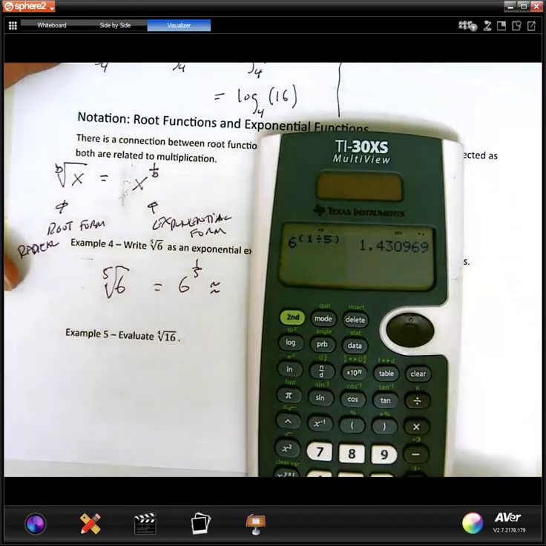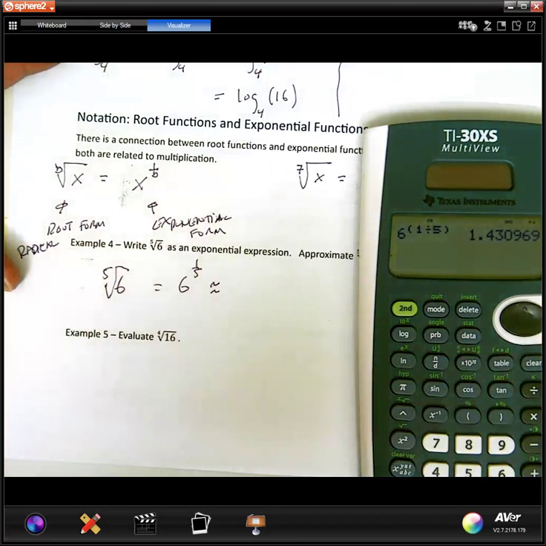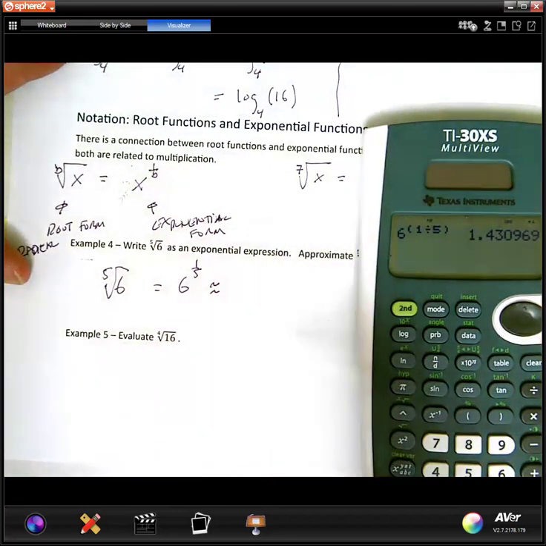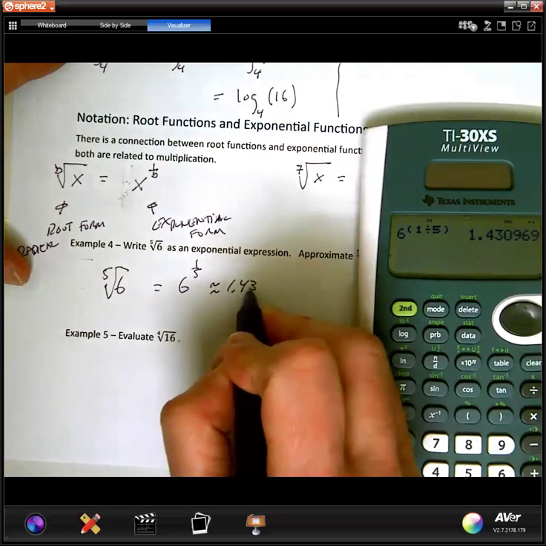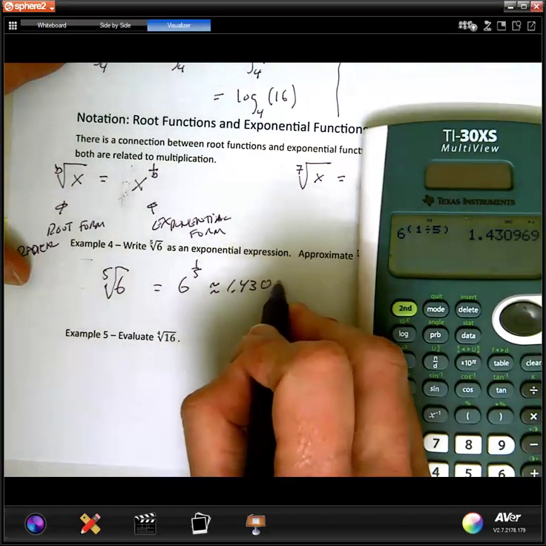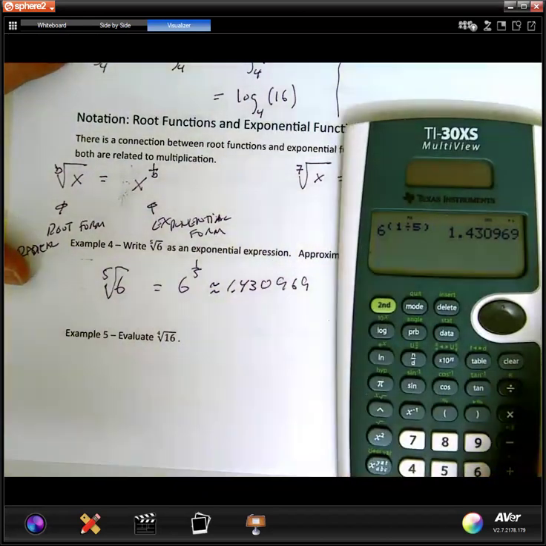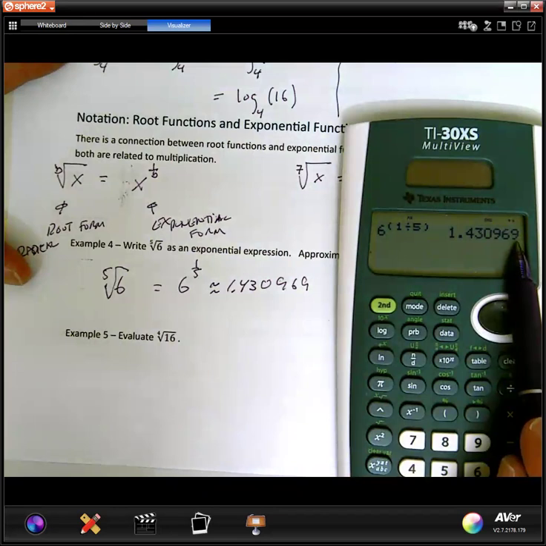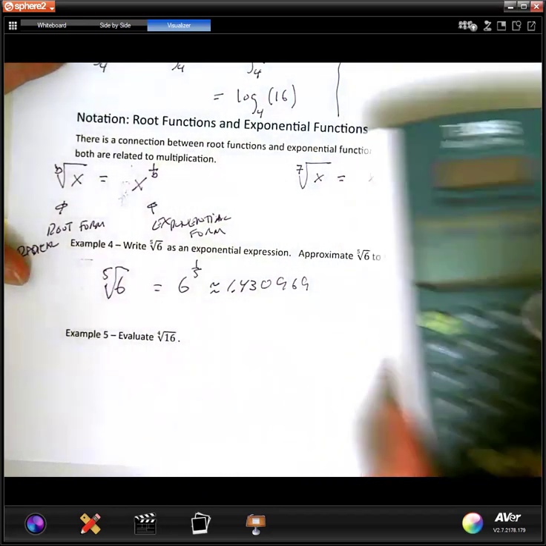And when I hit enter, I get an approximation. It was 1.4 something. Okay, so there's an approximation. And again, I'm going to write all these digits out there. You can see on the calculator, but the reality is that this last number has been rounded. This decimal representation will go on forever.